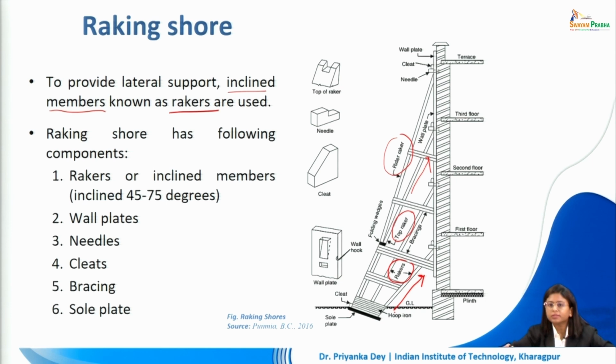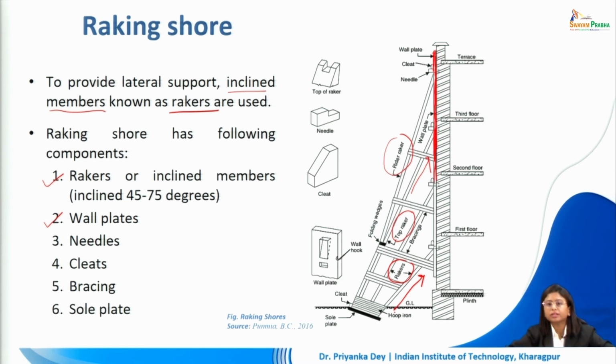The first, of course, as we were already talking about it, the rakers are the inclined members. Now generally we incline them at about 45 to 75 degrees. We don't exceed 75 degrees angle when we are supporting the unsafe wall with the help of the ground. We also use wall plates. Now wall plates are, as you can see, attached to the wall, the portion that I'm coloring with red.